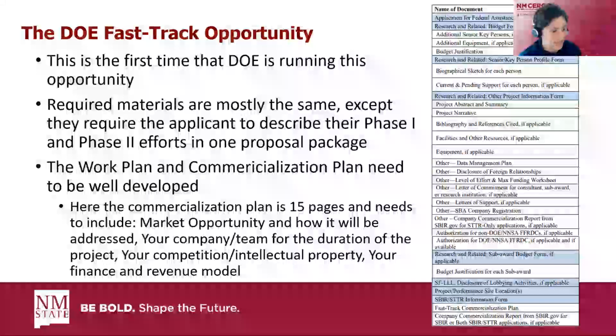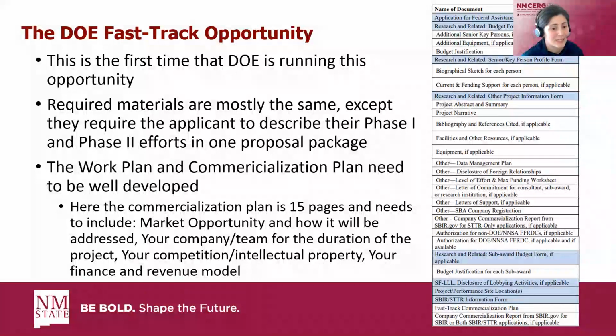So again, it can be beneficial if you have a team that is able to think, okay, we can plan 33 months in advance. But a lot of small businesses might not have that team. So it might be better to work through the program with that gated approach in mind. The commercialization plan also increases in importance during this fast track application.